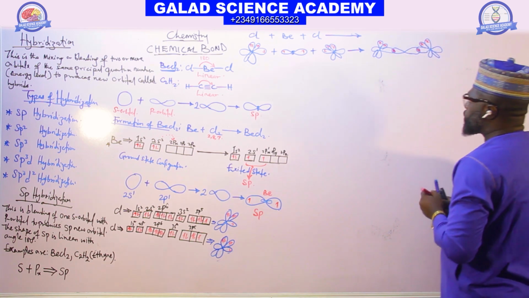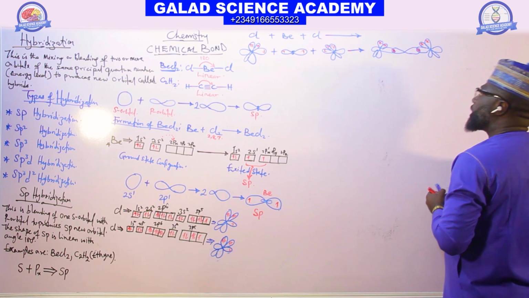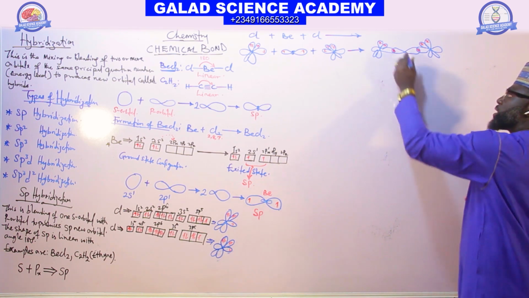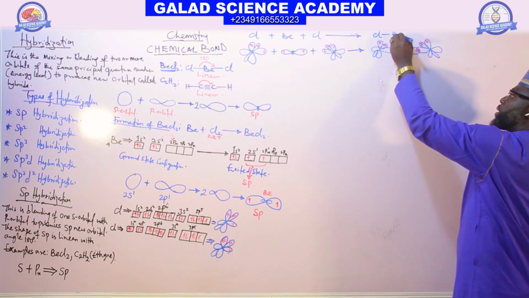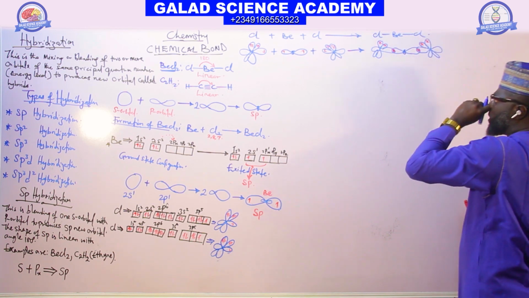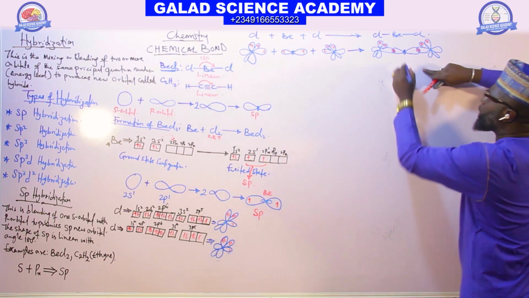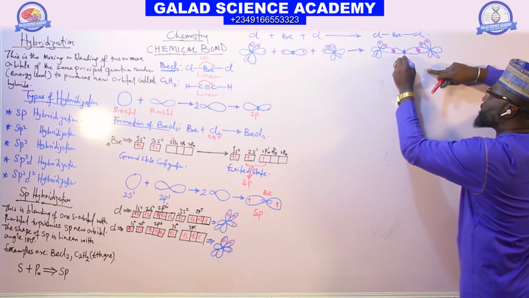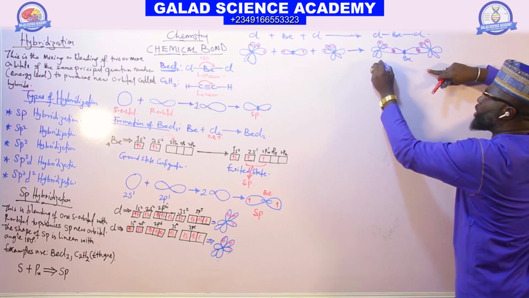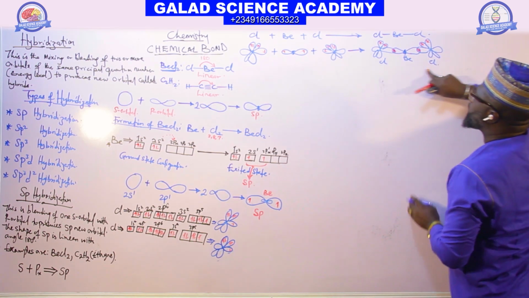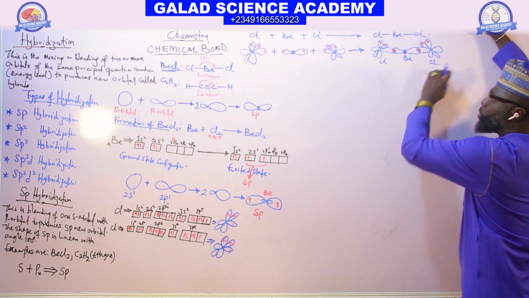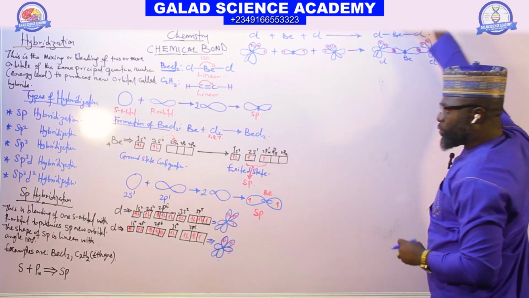So you can now see this is chlorine, beryllium, chlorine. What we have at the middle here is beryllium. This one is chlorine. This one is chlorine. So this is the molecular structure for BeCl2.